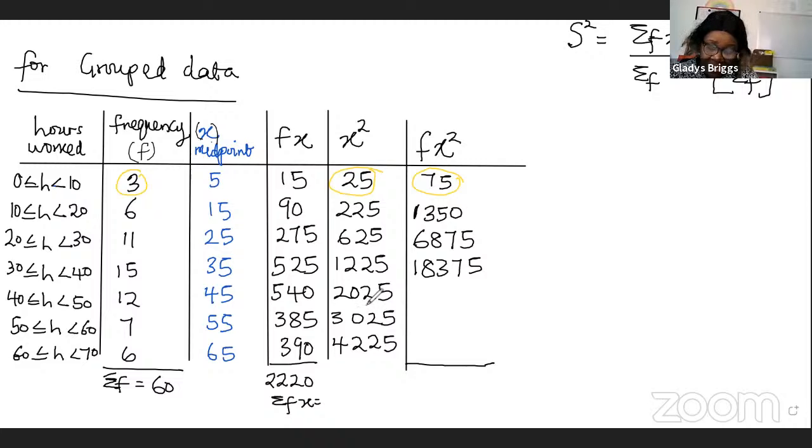Times 2025 is 24300. 7 times 3025 is 21175. 6 times 4225 is 25350. And that should give you sigma f times x squared, which is equal to 97500.